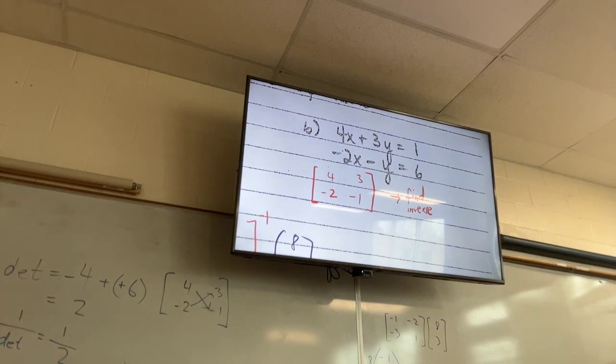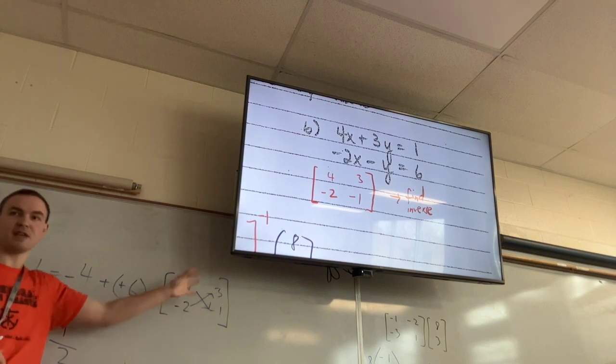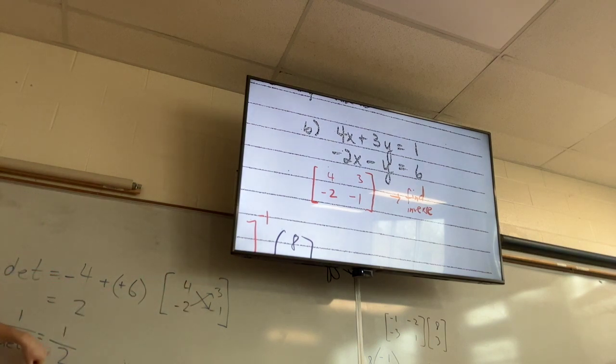How we feeling? Stay with me. What part of finding the determinant is the most confusing? So we have to find this number because after we flip-flop everything, we have to multiply it by that number.